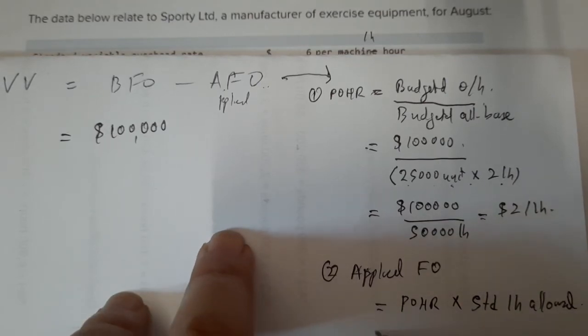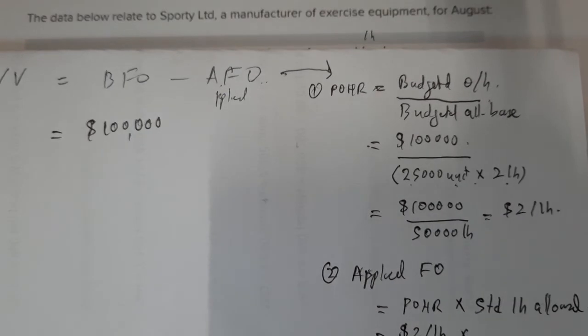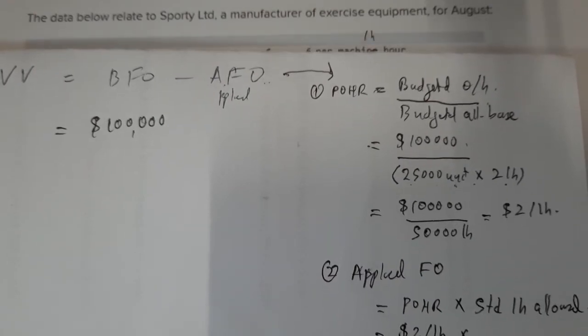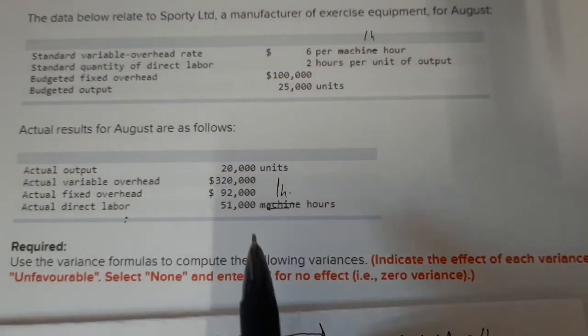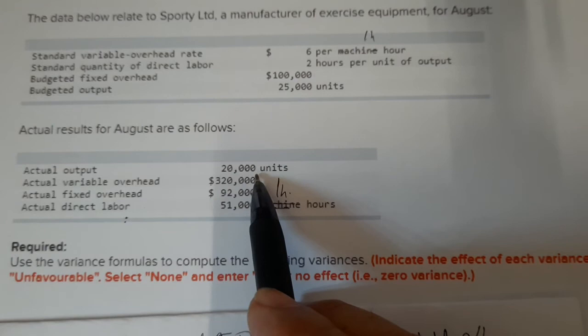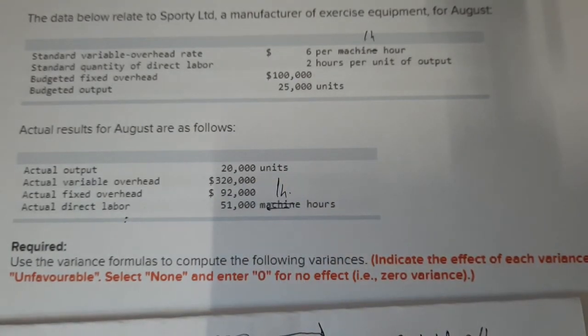Okay, POHR you have calculated here, $2 per labor hour. Okay, standard hours allowed for the production. So how many labor hours allowed for the production of 20,000 units? Remember, the actual production is 20,000 units.